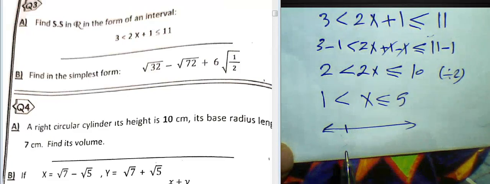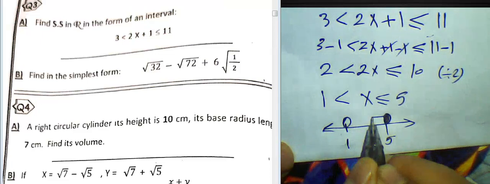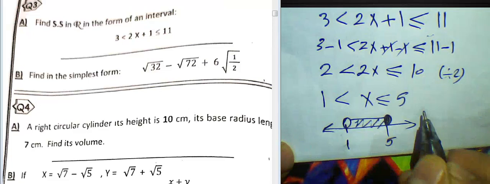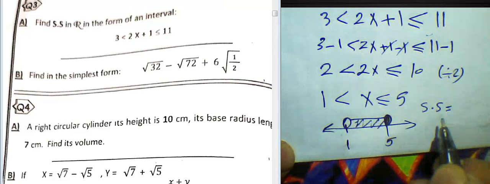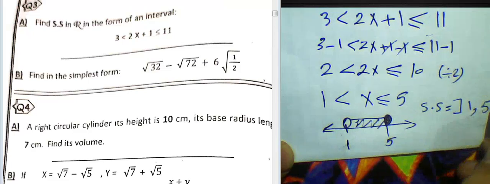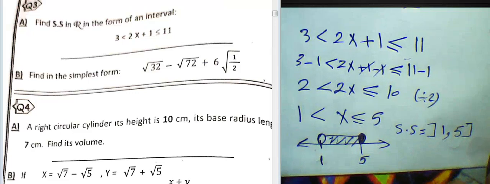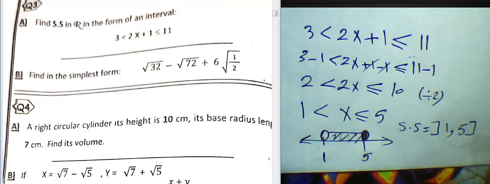We can draw the interval here, 1 and 5, open at 1 and closed at 5. So the solution set will be open at 1 and closed at 5. This is the solution set of the inequality here. Okay, understood?